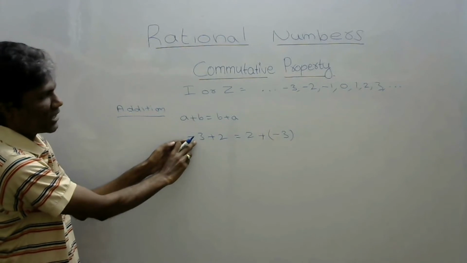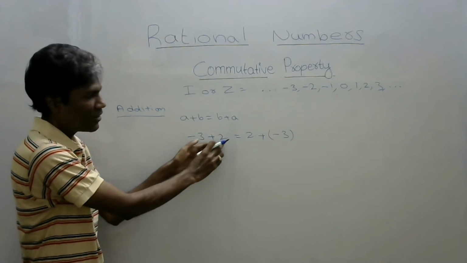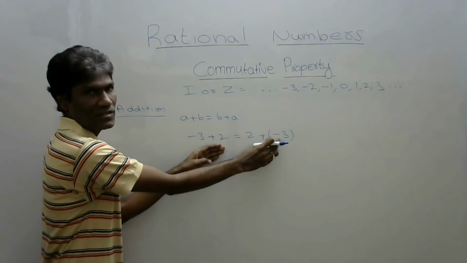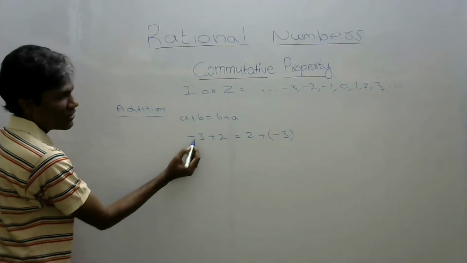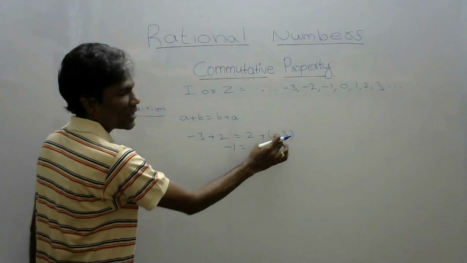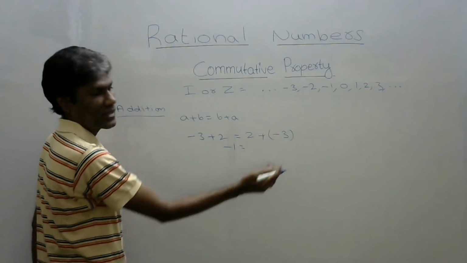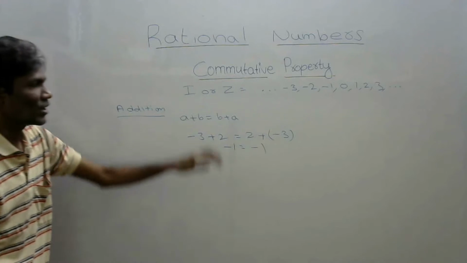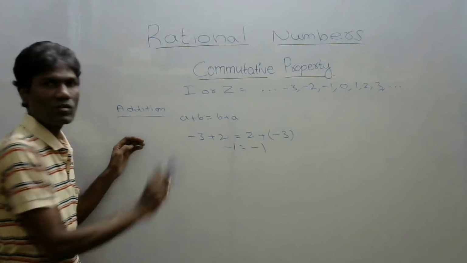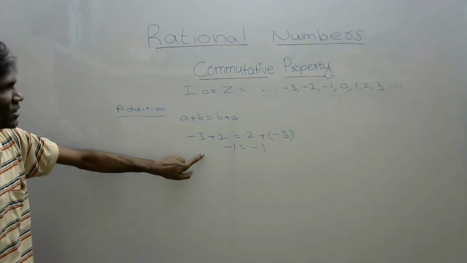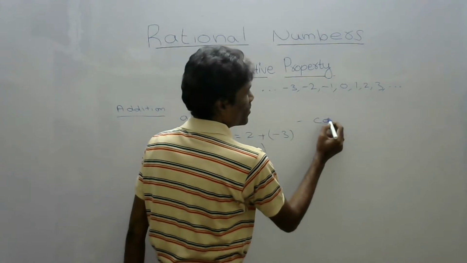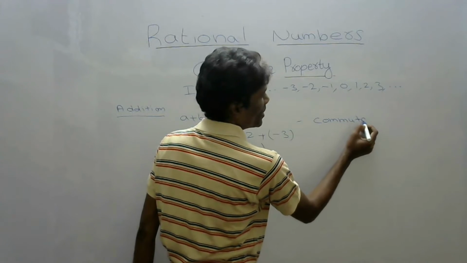Minus 3 plus 2 is minus 1. Here 2 plus minus 3, that is, 2 minus 3, is minus 1. So when we are doing addition, a plus b equals b plus a. So this is satisfying commutative property. This is commutative with respect to addition.